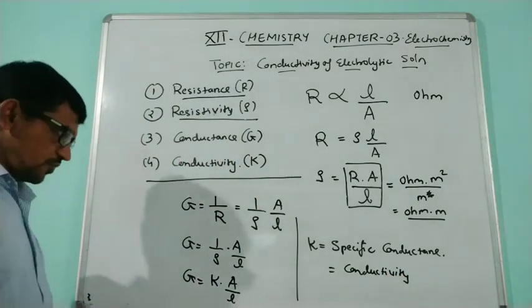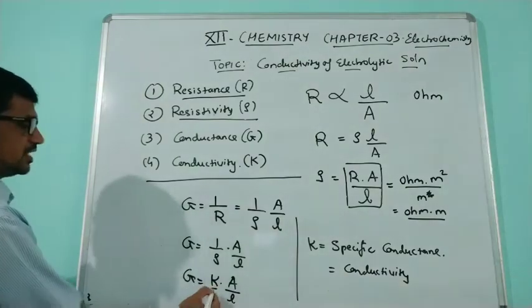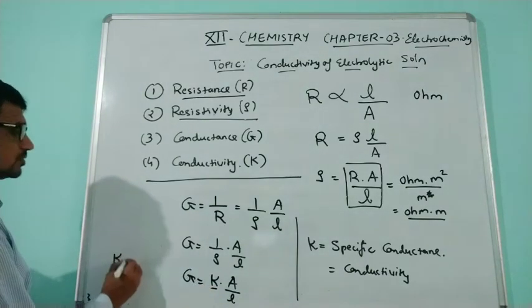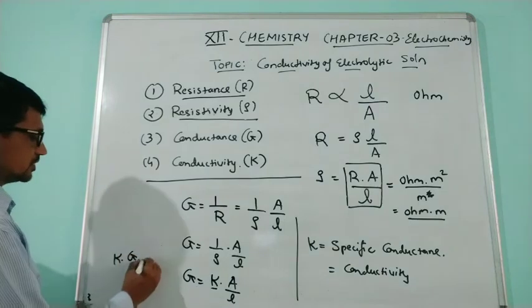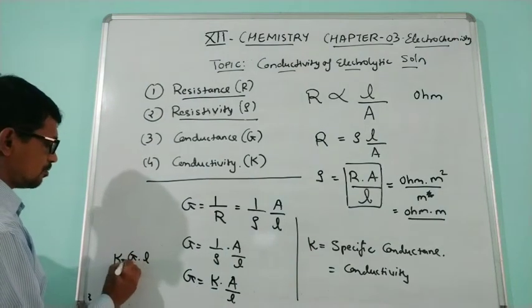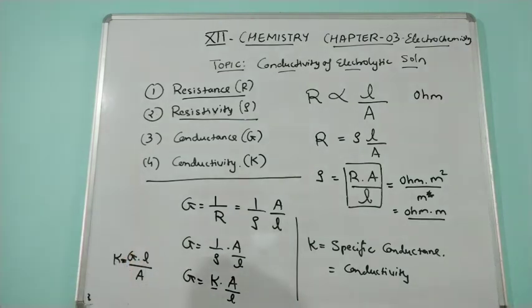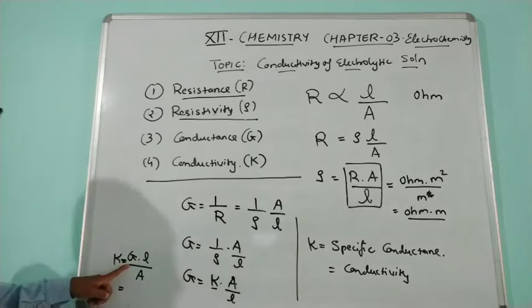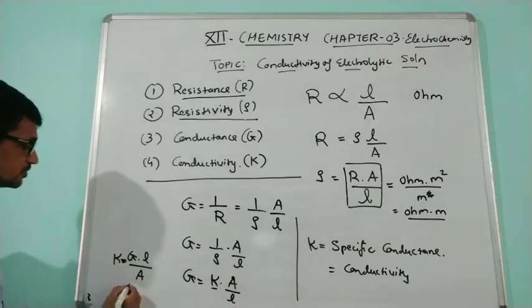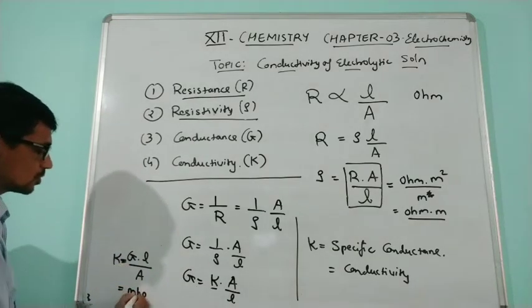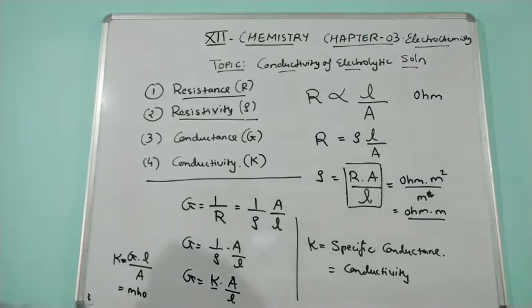So if you want to find conductivity K, then K is equal to G into L by A. G is known as conductance, the inverse of resistance, so its unit is mho, or you can write ohm inverse also.